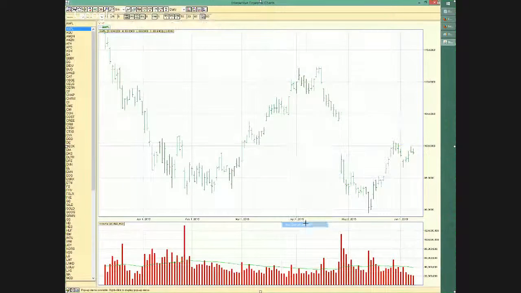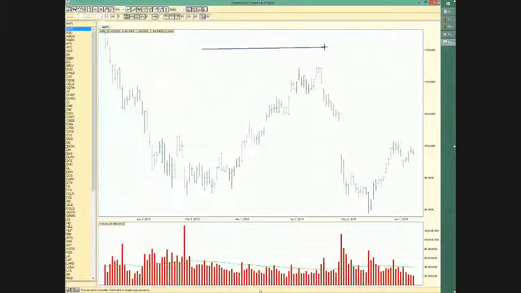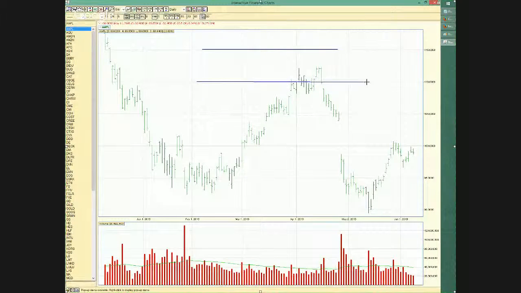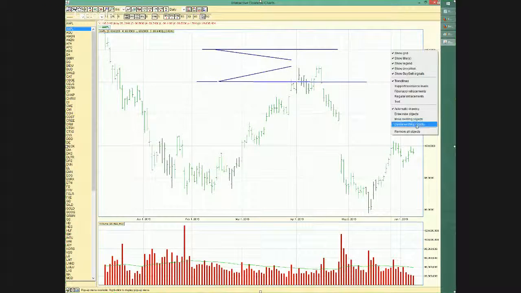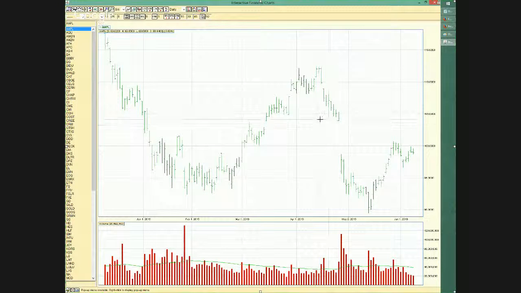What we want to do is make sure that we find something that is horizontally channeling. Okay. And I don't care if it's horizontally channeling or horizontally diverging or converging, just so long as it's symmetrical and going down. Okay.